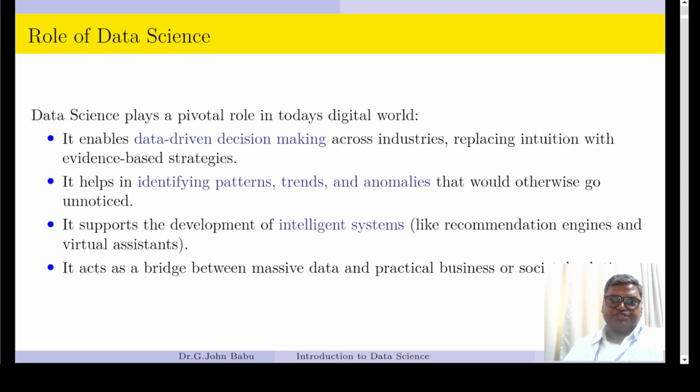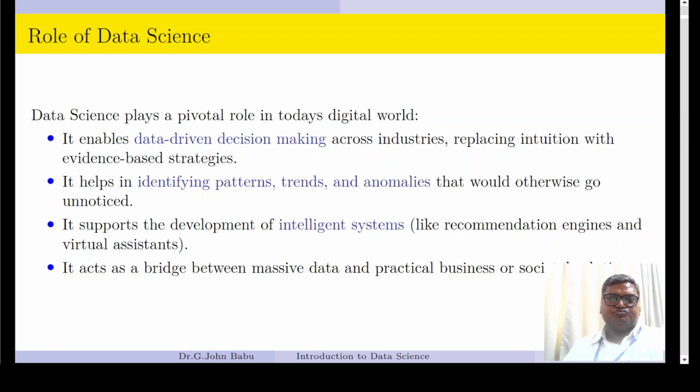If you launch a product, will that be accepted by that particular age group? How many people are there? What is the potential? And within 1 month or within 1 year, what is the revenue that is likely to be generated? All this will involve analyzing the data.